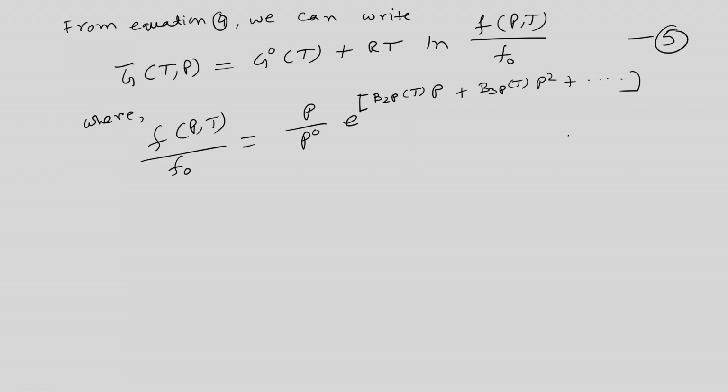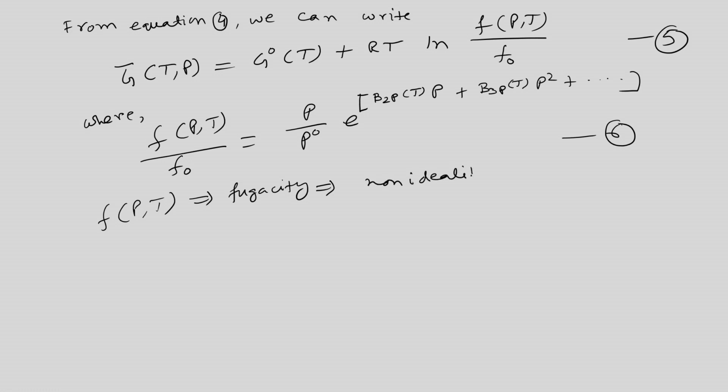Okay. And this is equation 6. Okay. And f(P,T) is nothing but fugacity. And in this term, non-ideality is buried.